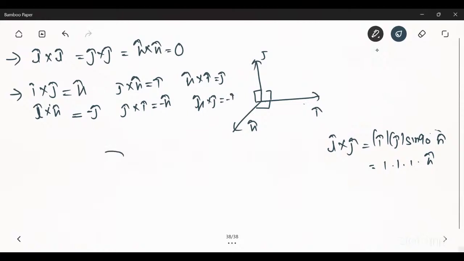Let's remember one thing. This is a circular pattern: first I, then J, then K. Now multiply in the clockwise direction.